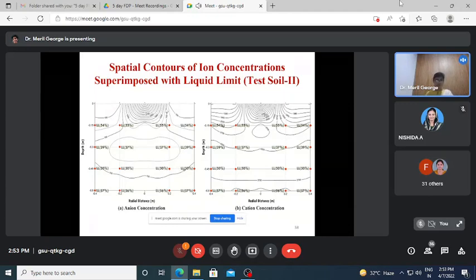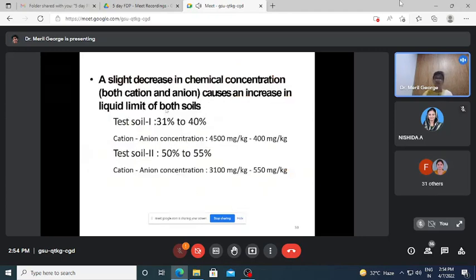But in the case of test soil 2, it increases from 50% to 55% at a cation anion concentration of 3,100 milligram per kilogram to 550 milligram per kilogram. This is what I have just explained.